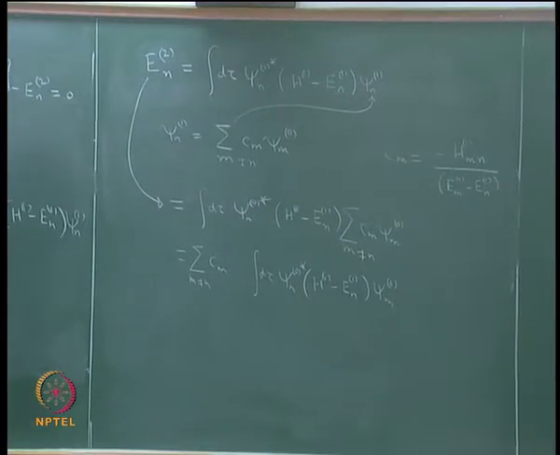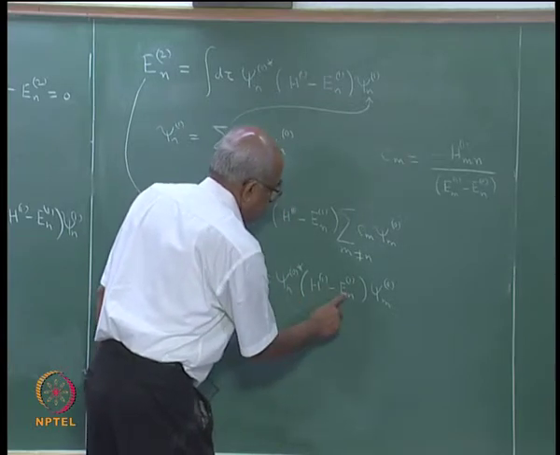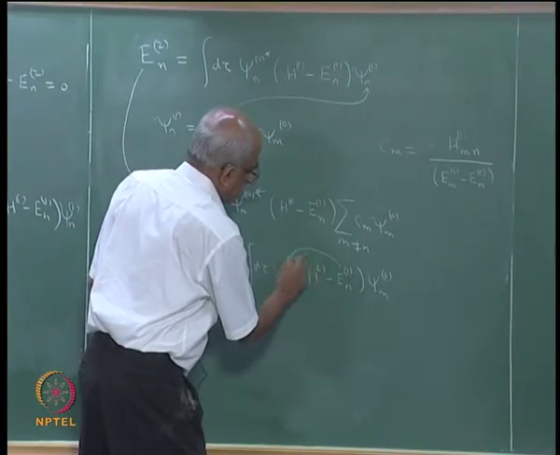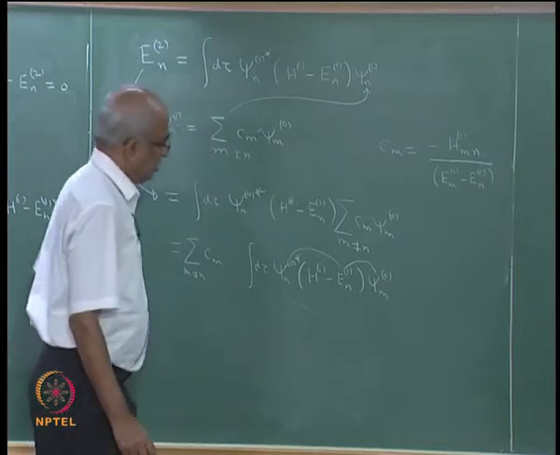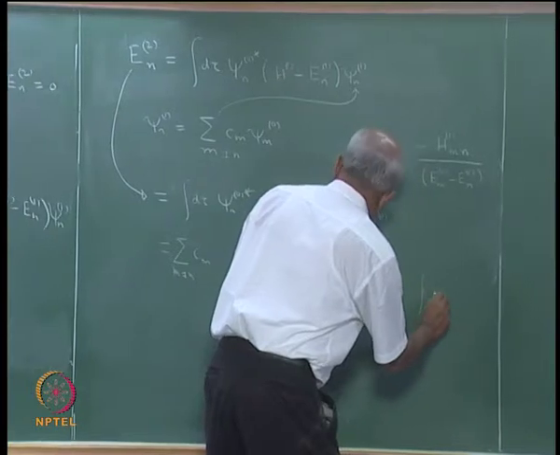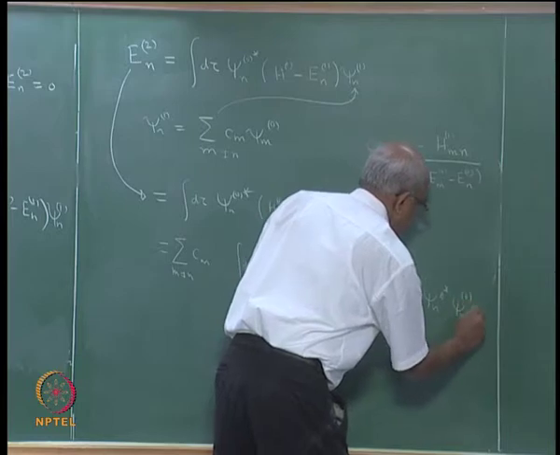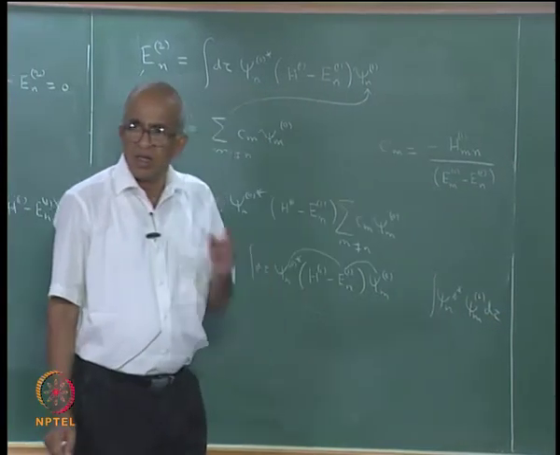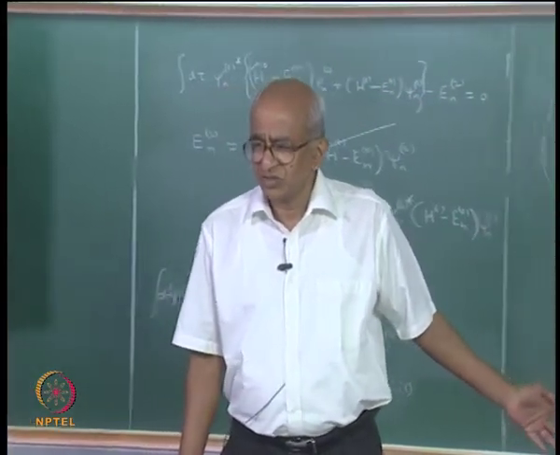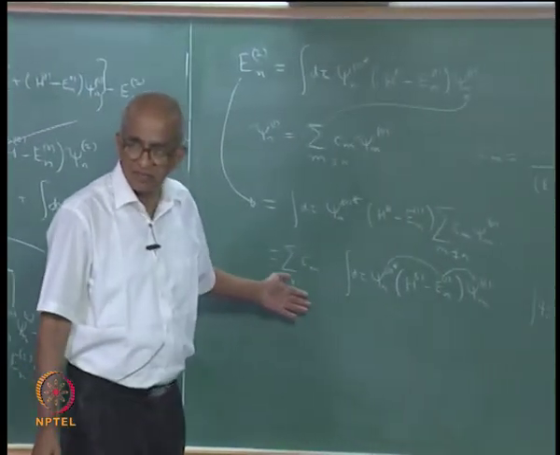Agreed? Then you look at this integral. Psi n0 star times En1, and En1 is just a number. So this integral is nothing but the integral of psi n0 star psi m0 d tau. The functions are orthogonal, and therefore this has to be 0 unless m is equal to n, but the m equal to n term is not there in the sum.